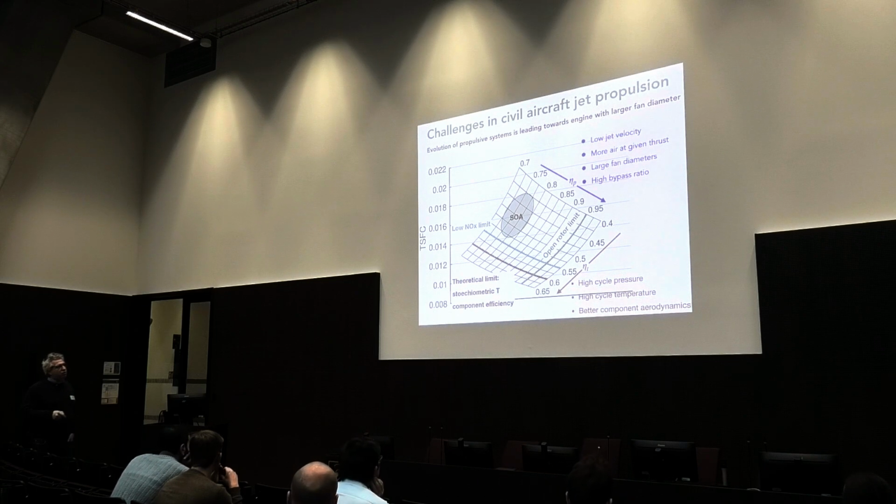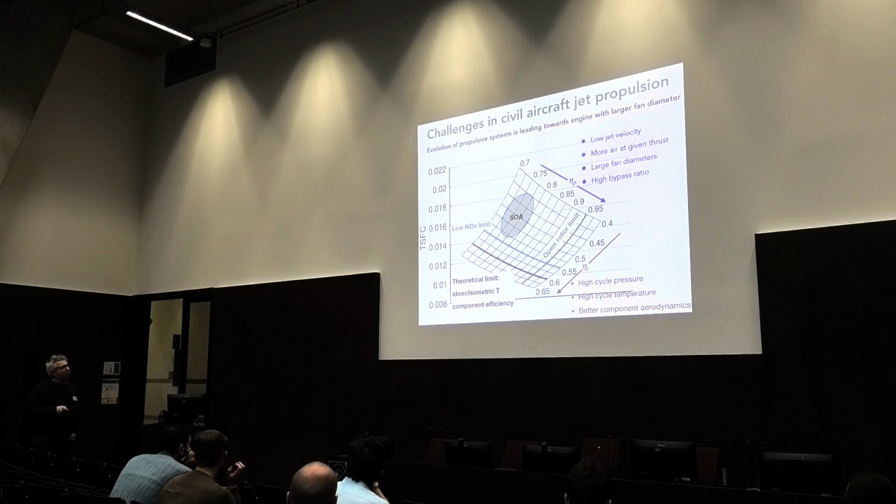High cycle temperature, meaning turbine inlet temperature higher than 1500 or 1600 degrees, is a really high thermal challenge because you work very well above the melting point of the turbine blade, and also better component aerodynamics, but we are already very high there. So this avenue is not easy at all.